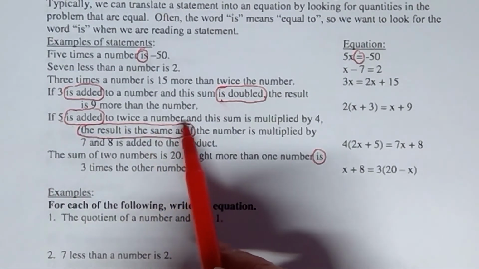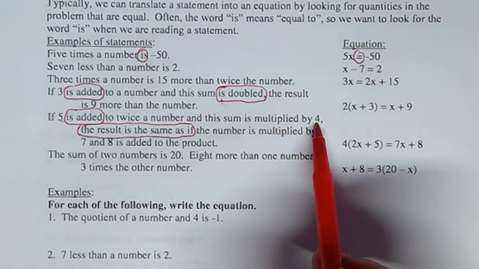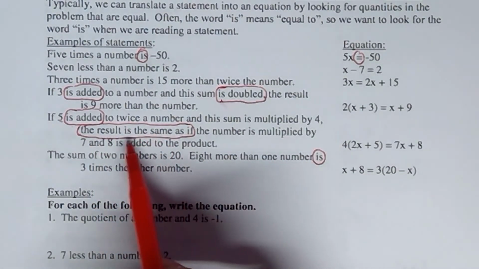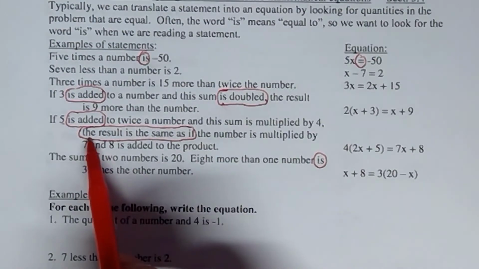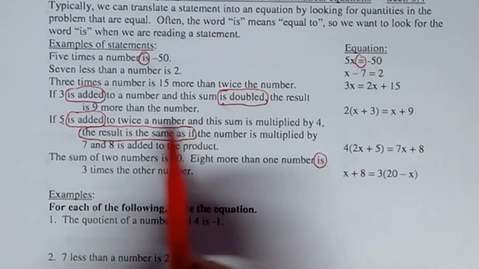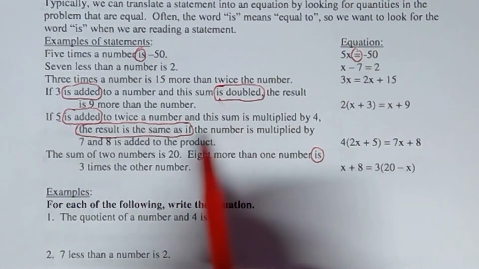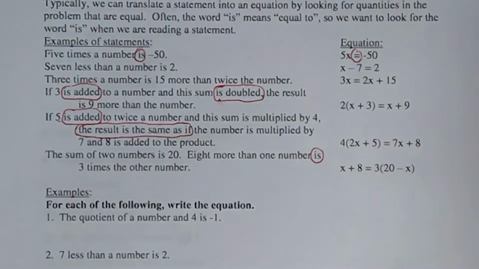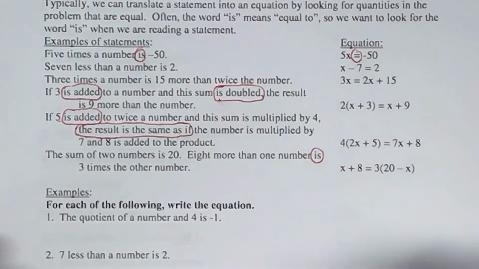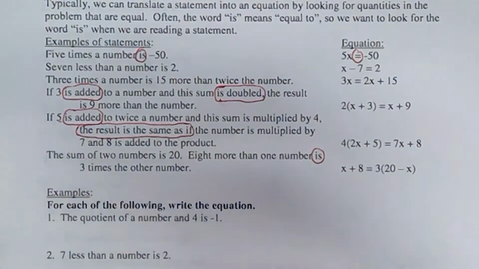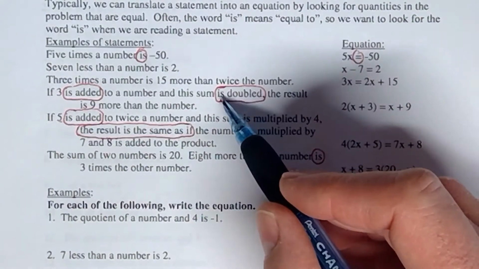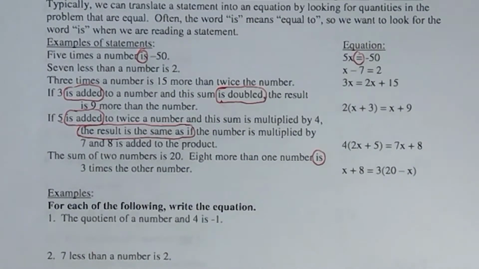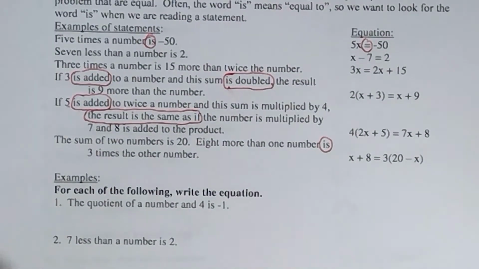If 5 is added to twice a number and this sum is multiplied by 4, that result is the same as if. So they're trying to tell you that the first part of the sentence is equal to the second part. All right. I just want to make sure that you're understanding the difference between when is part of an action versus when it means equal.